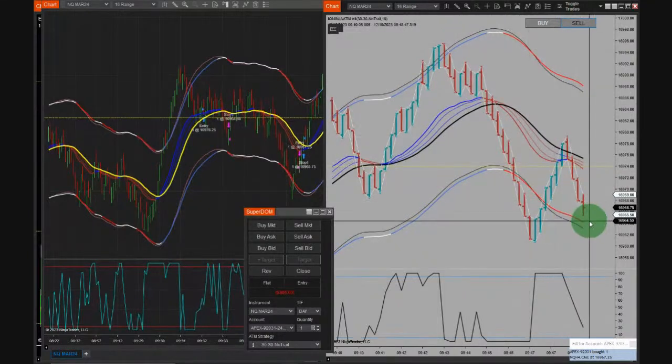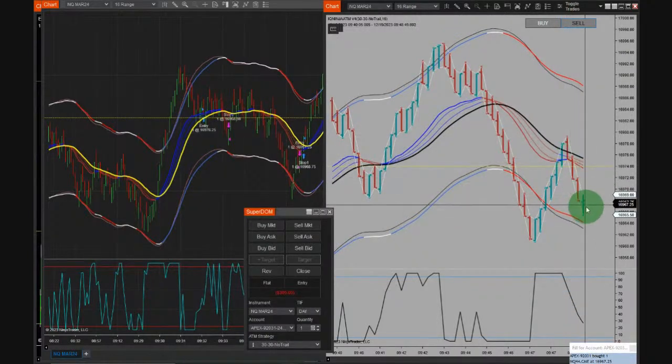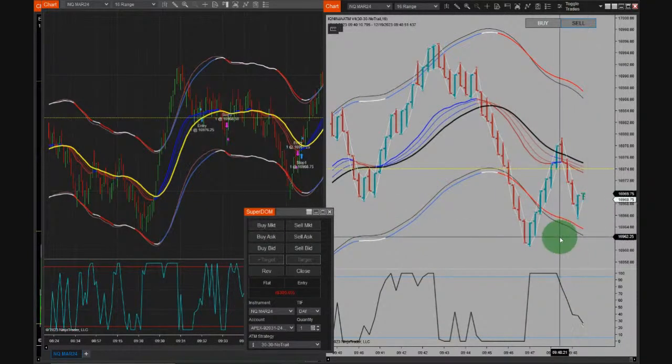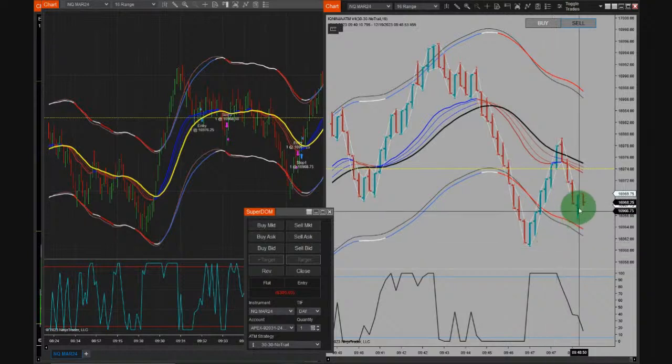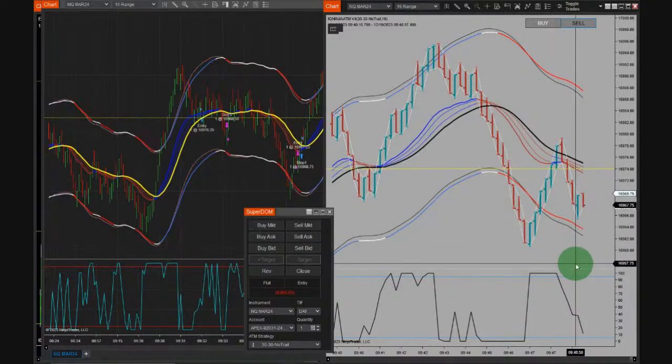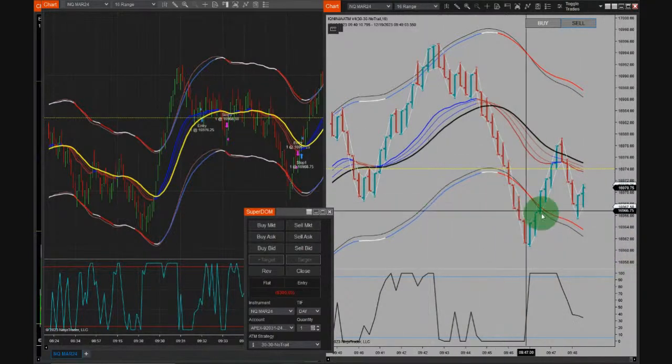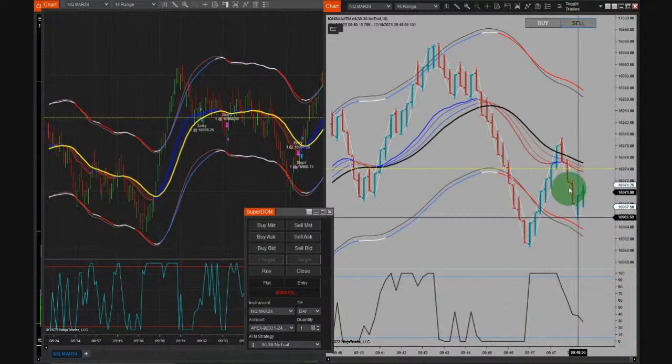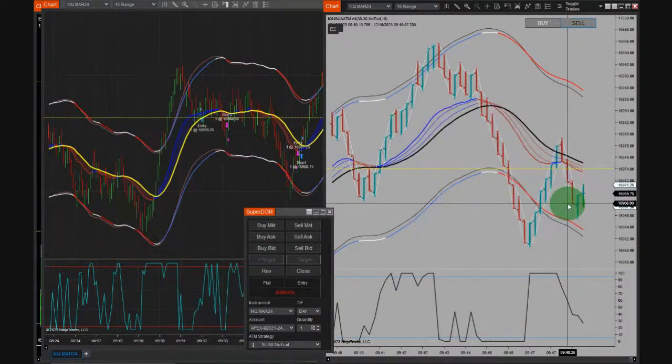So we've started a downtrend here. We've had one winning trade. I need price to make a fresh low in order to show me that the trend is continuing. If it's going to make a higher low here, I'm not going to take another short.